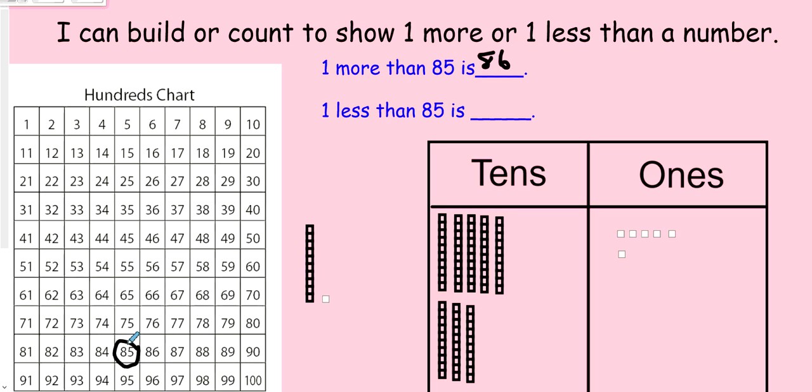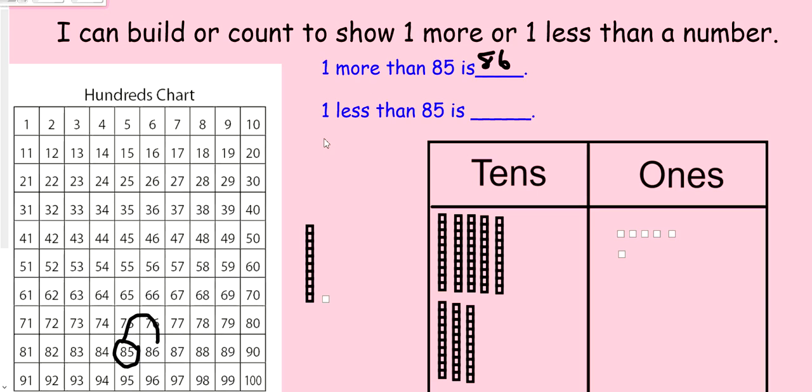We want to show one more. Are we going to count back to show one more, or are we going to count on? We are going to count on. Count on with me. 85, 86. One more than 85 is 86.